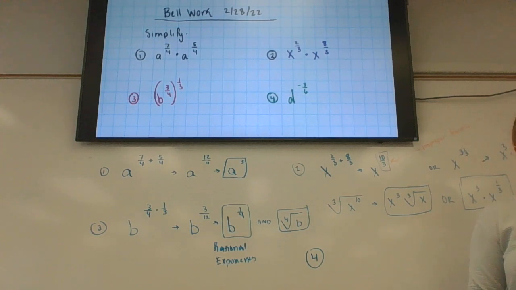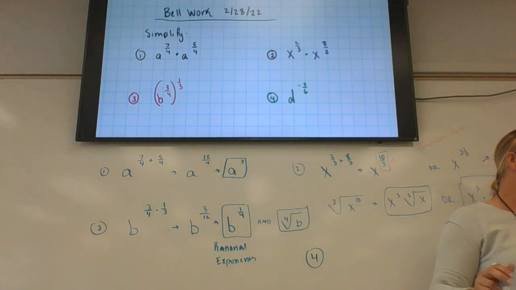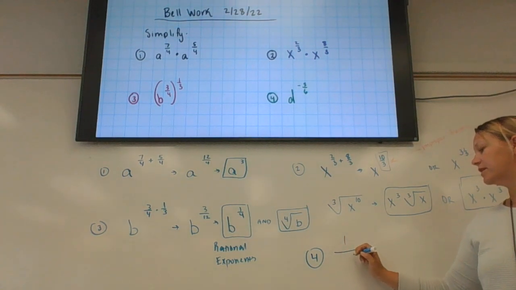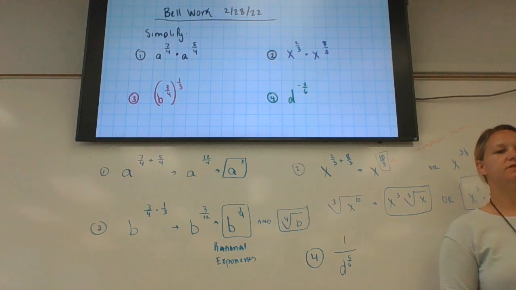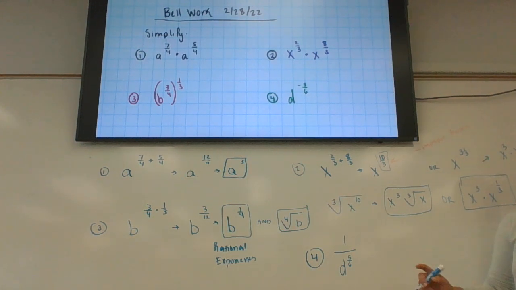All right, number 4, negative exponents are never okay. So we're going to put that under 1. D to the 5/6 under here. Now, unfortunately, this is like a radical under a fraction bar, which is not simplified.